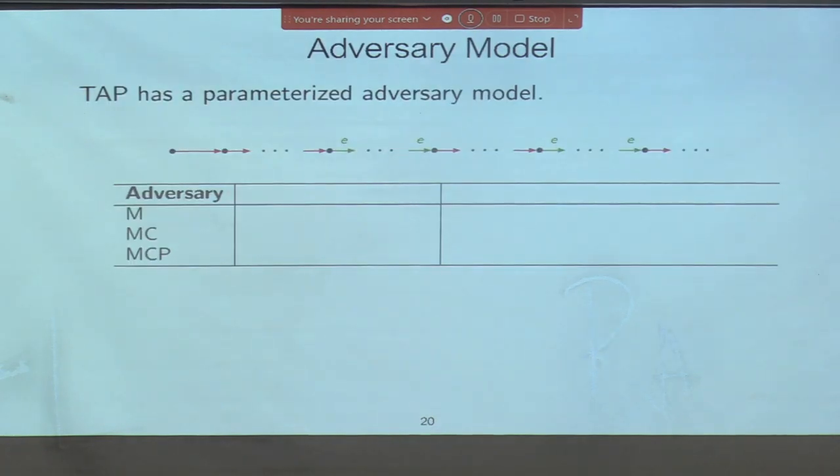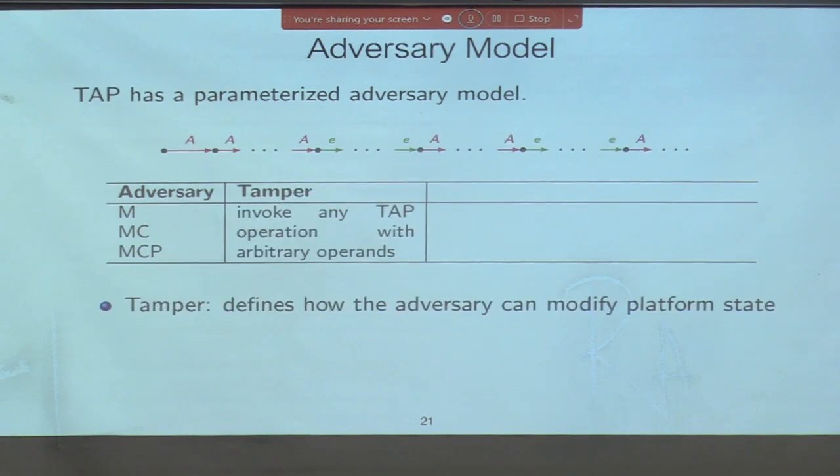The other thing I haven't talked about is the adversary model. We considered a fine-grained adversary model with three kinds of adversaries, which we call M, MC and P. The M part corresponds to memory operations, C means cache, and P is paging.